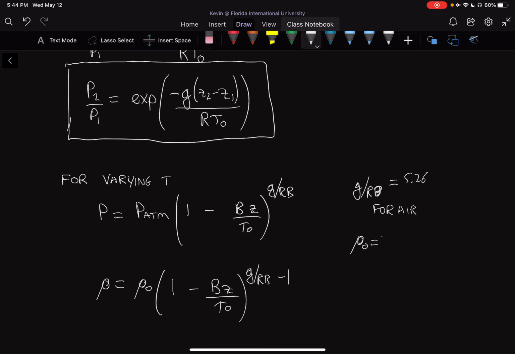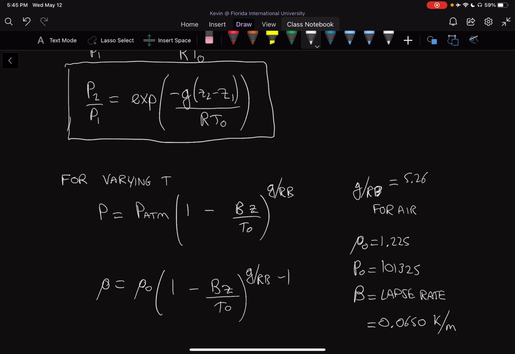rho 0 is equal to 1.225, P0 is equal to 101,325, so again, atmospheric. And then B is equal to the lapse rate. It's called the lapse rate. Again, we're not going to go into detail on this, but it's just for your information, and it is equal to 0.0065 Kelvin per meter.